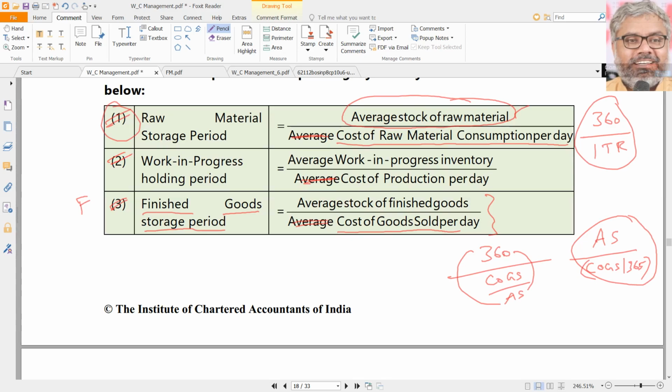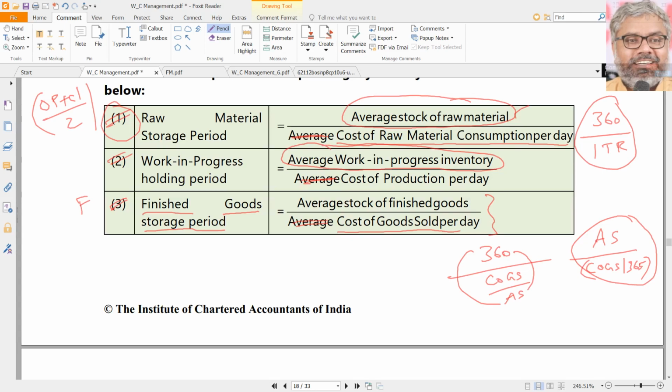Same with work in progress also. The numerator is always the same. Here, average only: average of work in progress inventory is the numerator, divided by cost of production per day. So in the numerator, what is that average we are talking about? That average is always opening plus closing by 2. So average stock of raw material, average stock of work in progress, average stock of finished goods in the numerator, all of them are opening plus closing by 2.